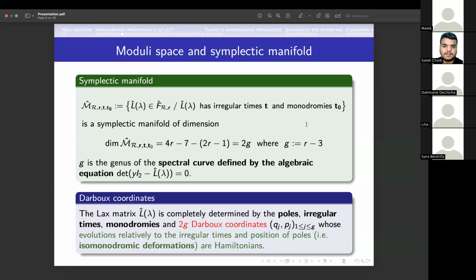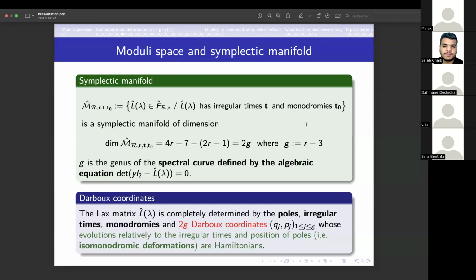However, this double cover has a special genus, which is the genus of the spectral curve, and defines the dimension of the symplectic manifold that I'm having. So the Lax matrix is completely determined by the poles, irregular times, monodromies, and 2g coefficients that I will define later, the Q's and the P's, the Darboux coordinates.